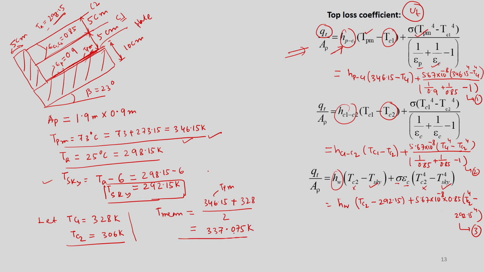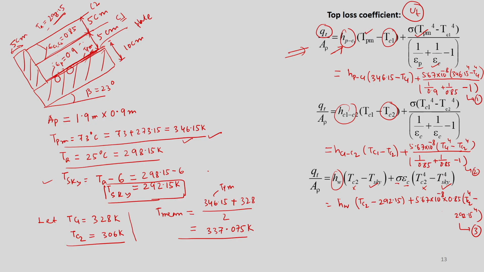So, once we know this T mean, then we can get the data for air at this temperature, because in between we will have air, no liquid is there. So, our tubes will be here.